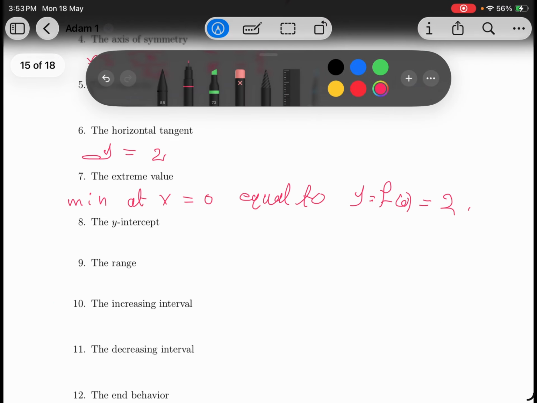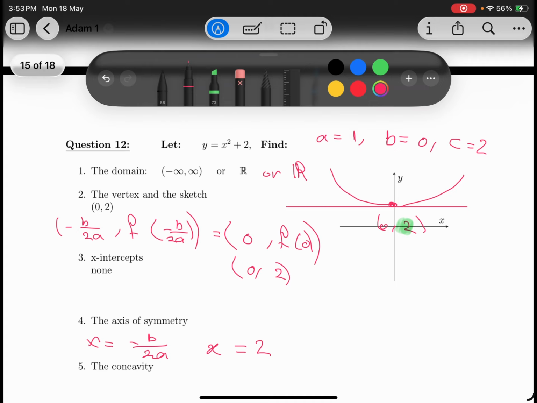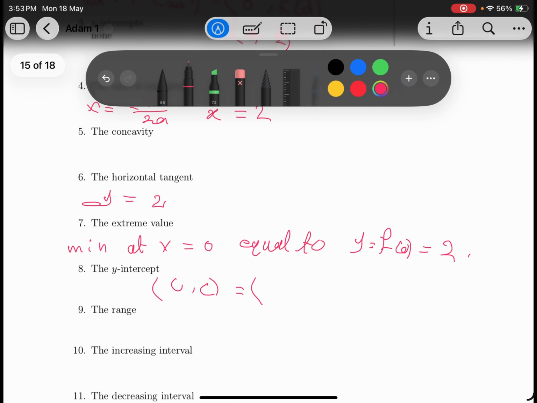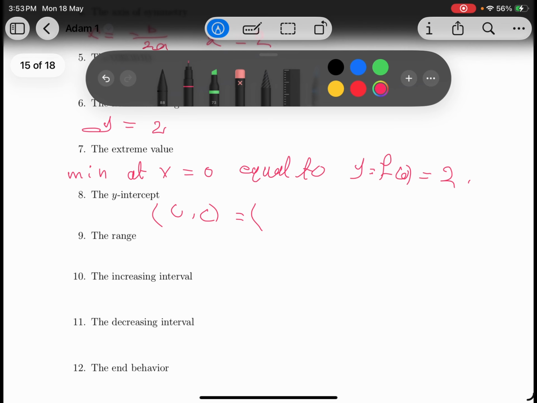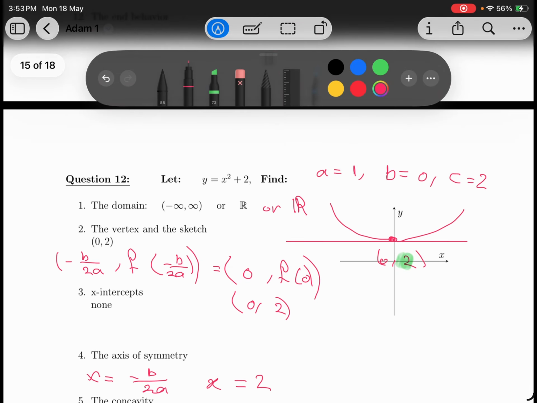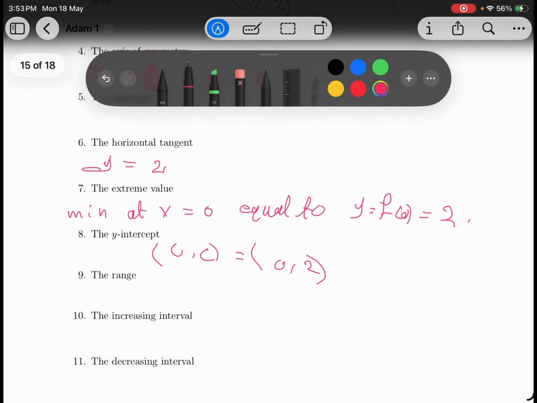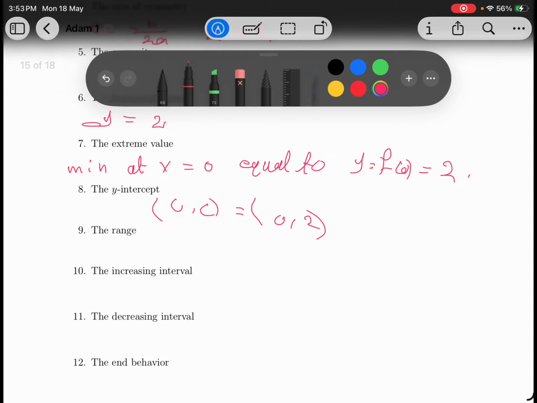Okay, and guys, when it comes to the y-intercept, which is 0 and c, what is c here? C is 2, so it will be 0 and 2. It's obvious, guys. 0 and 2 is the y-intercept, and here the range. The range starts from the minimum value and goes up, so 2 to infinity. Okay, so look here, the vertex is vital in this graph. It reveals a lot. So 2 to infinity, with 2 of course included.